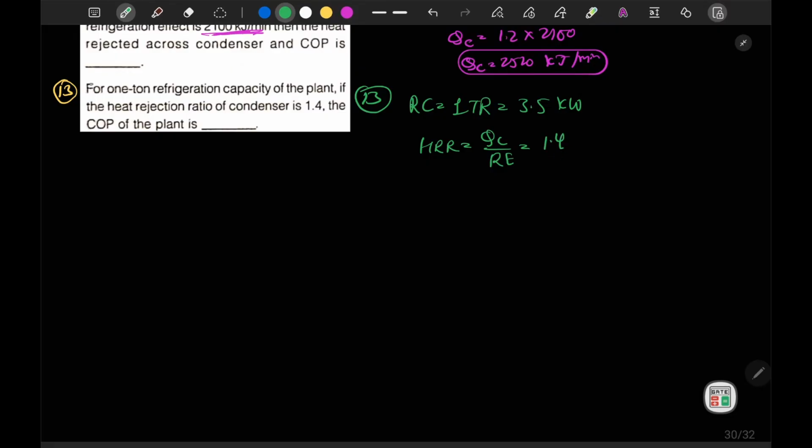The COP of the plant? We know that heat rejection ratio is also written as 1 upon 1 plus COP. So from here we can calculate COP is equal to 1 upon 0.4, that will be equal to 10 upon 4, 5 upon 2, which is 2.5.